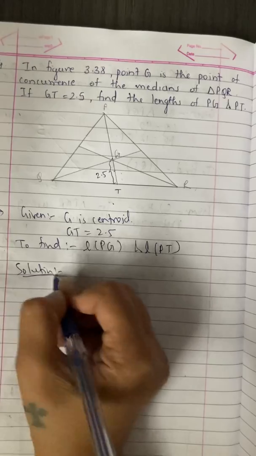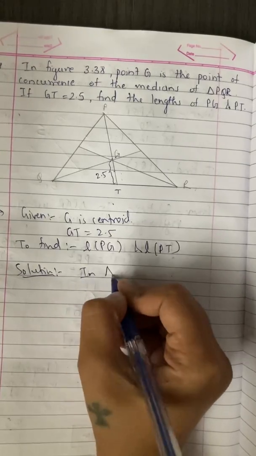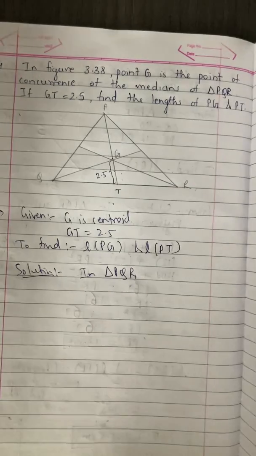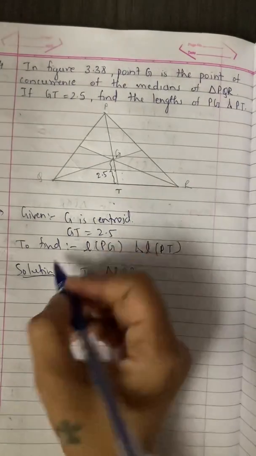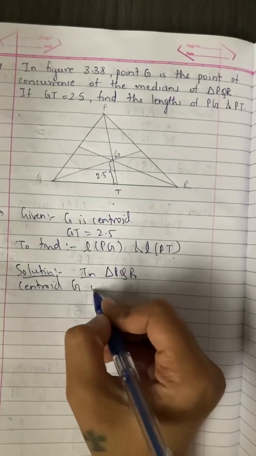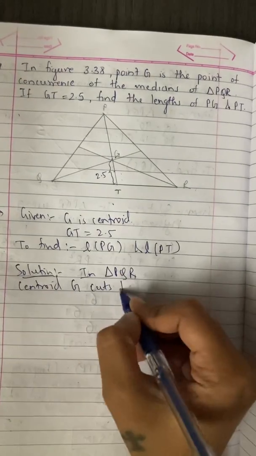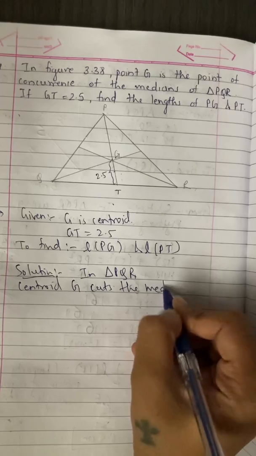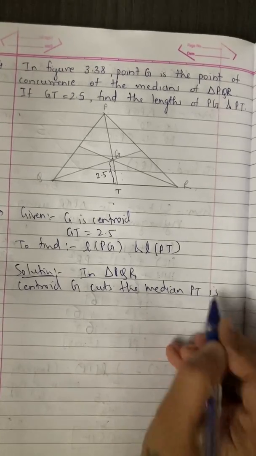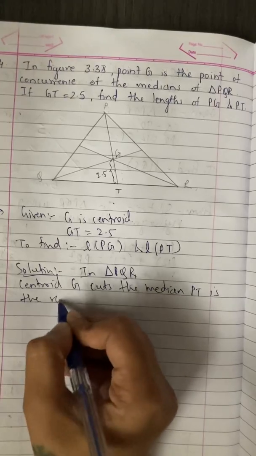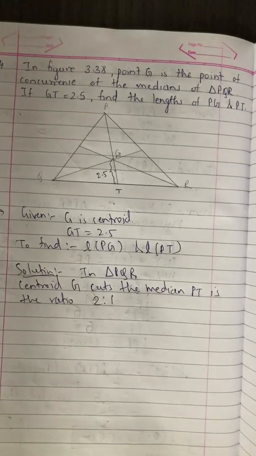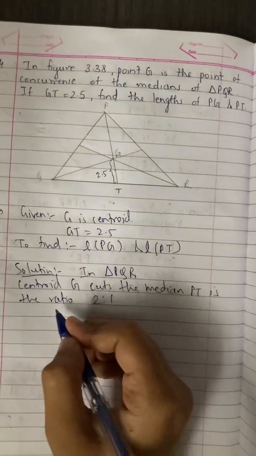Solution. In triangle PQR, centroid G cuts the median PT in the ratio 2:1.